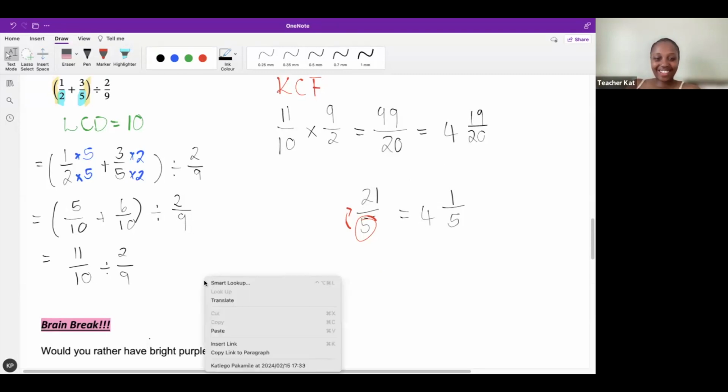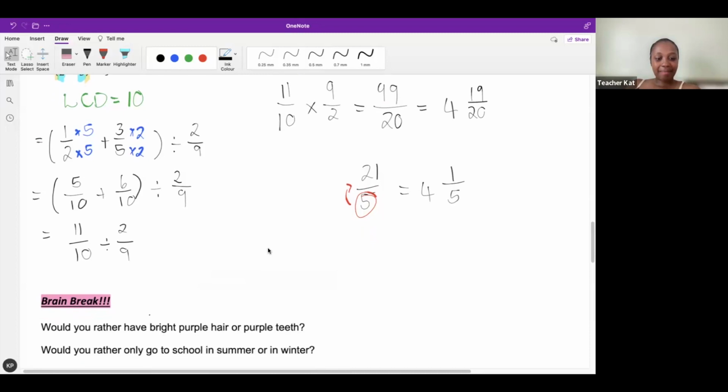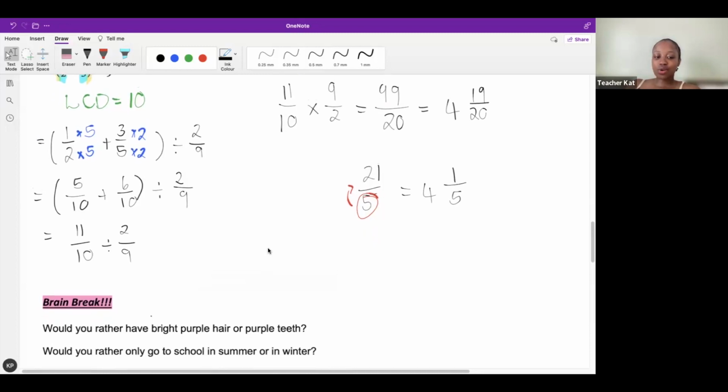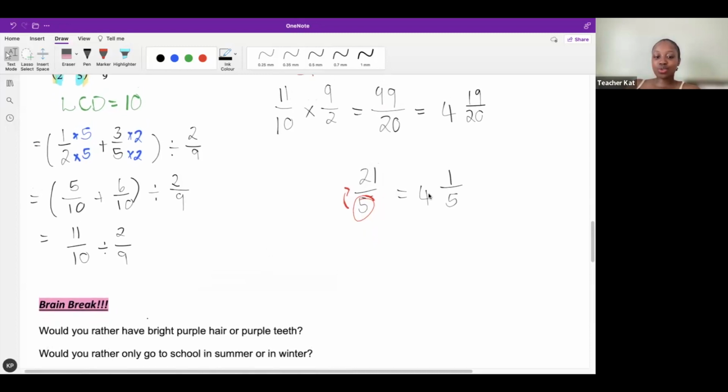Oh, wow. Hectic. Okay, my next one. Would you rather only go to school in summer or only go to school in winter? So you can only go either in summer or only in winter. Winter, guys, it's so cold in winter for school. Oh my goodness. I would 1000% rather go in summer.